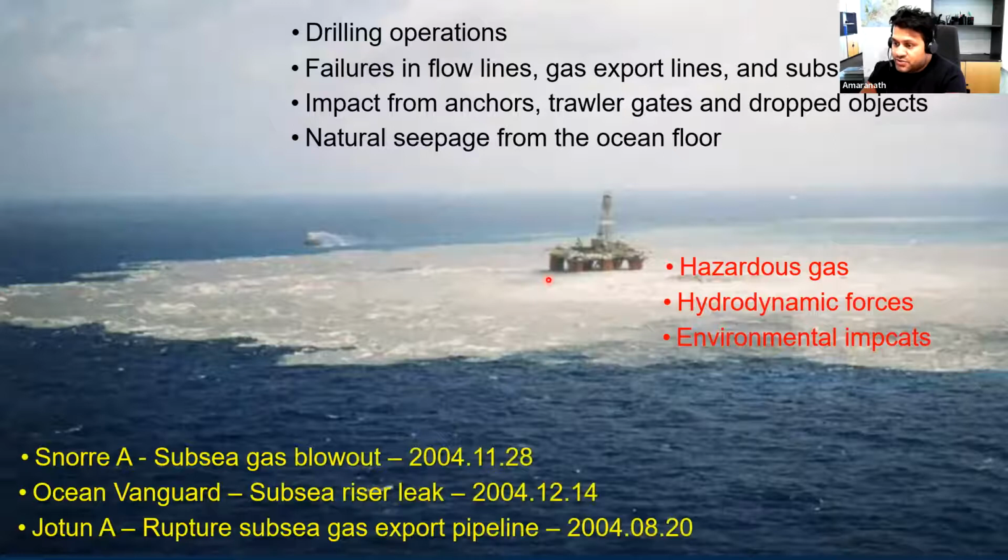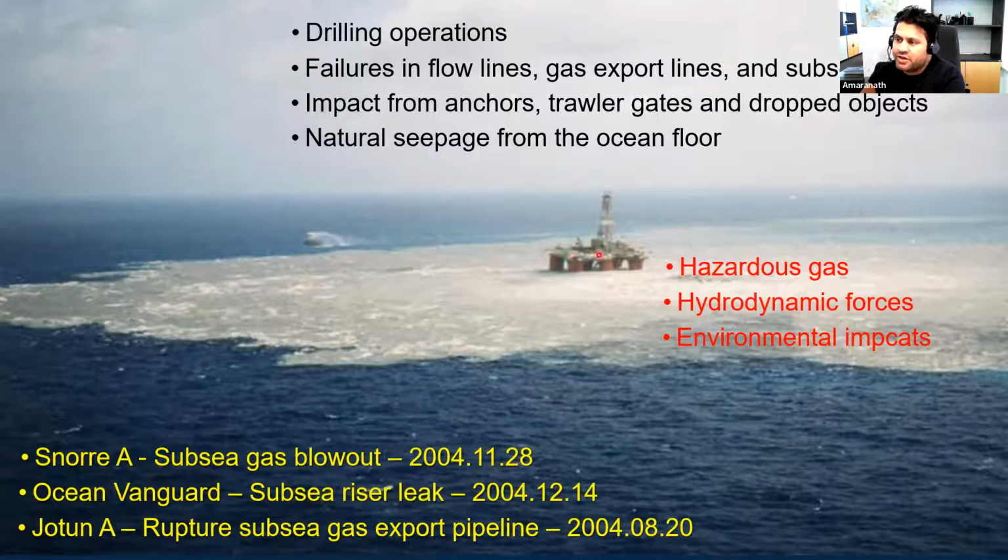In Norway, 2004 was a very bad year. We experienced three different subsea gas releases, but fortunately, none of them got ignited. Snorre A, I have been there on this platform, had a subsea gas blowout in 2004, and we detected gas on the topside.